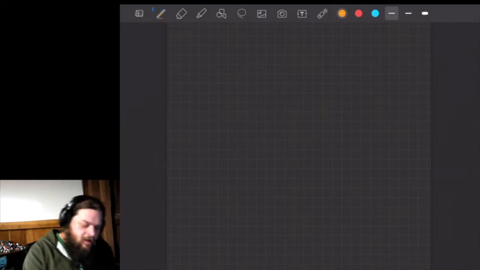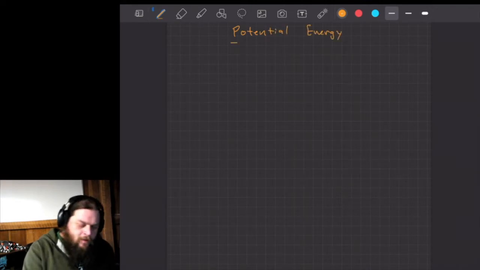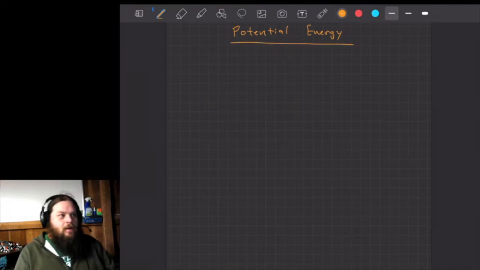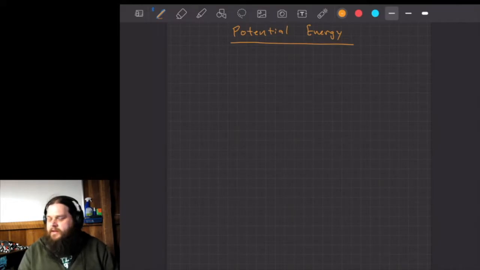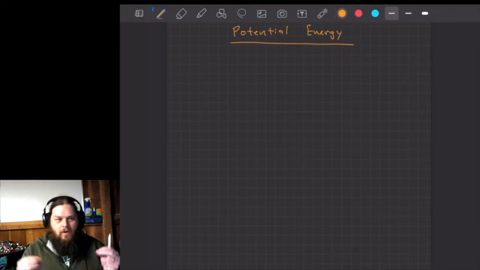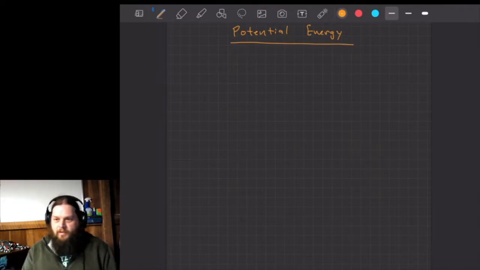So we're talking today about potential energy. Potential energy in electromagnetism is very similar in a large way to potential energy of gravity. The equations are a lot different, but it's the general idea that if you release a system that has potential energy, the potential energy will cause work to be done.